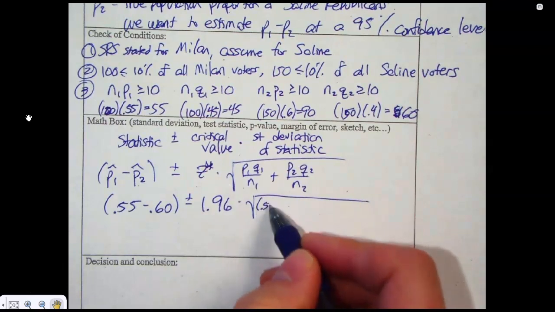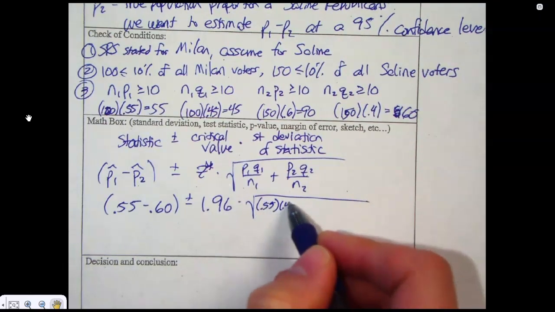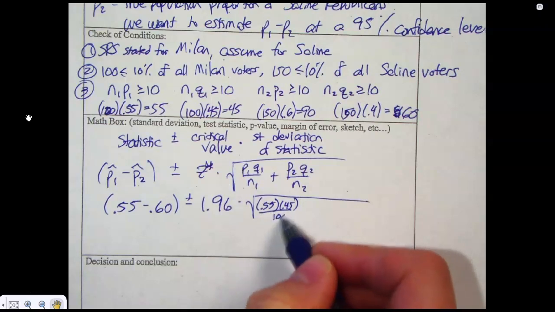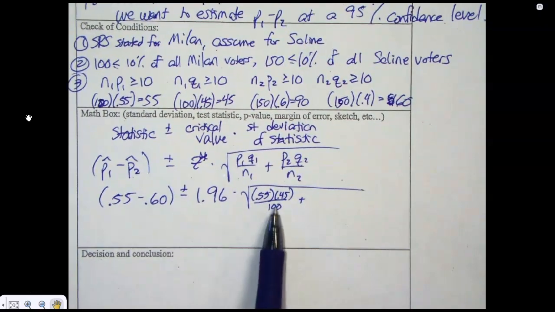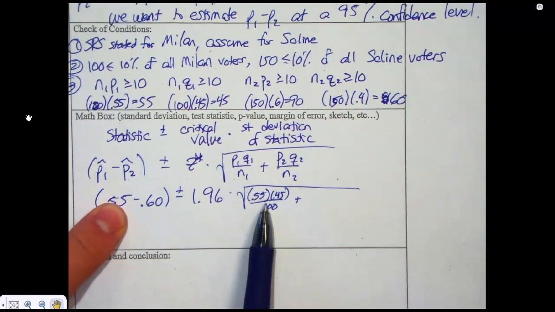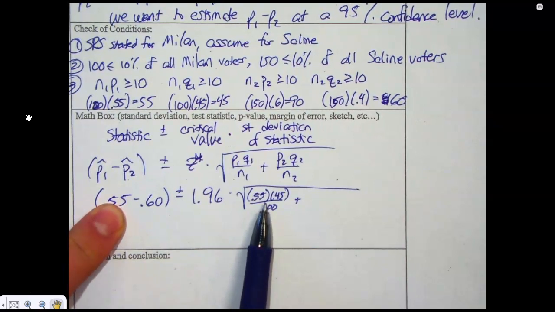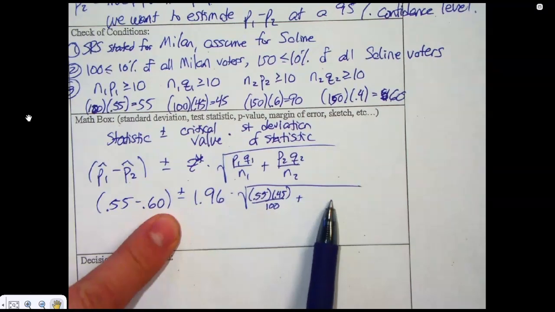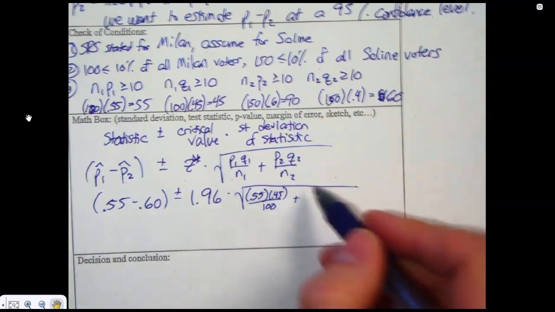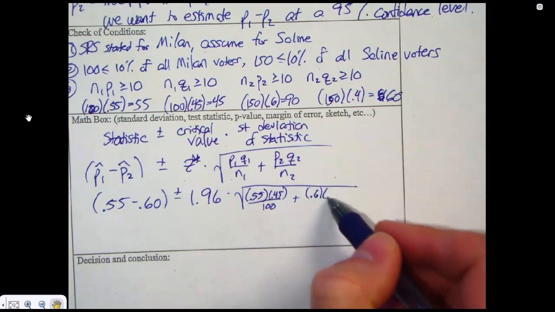And then this is 0.55, 0.45 over 100, because that's my information from Myelin. So these two should always match up, and then these two should always match up. So this is going to be 0.6 times 0.4 over 150.